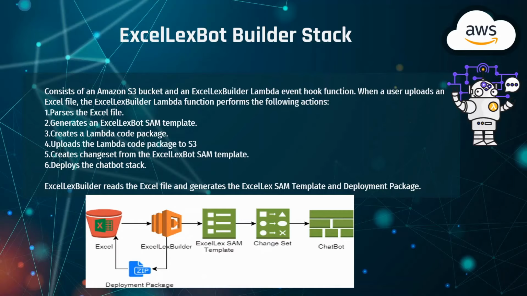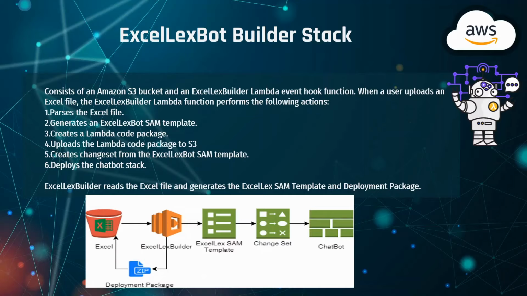Excel Lex Bot uses the AWS Serverless Application Model to create an AWS SAM Amazon Lex application connected to Excel. So the Excel Lex Bot Builder stack consists of an Amazon S3 bucket and an Excel Lex Builder Lambda event hook function.